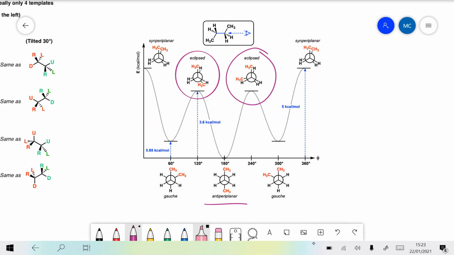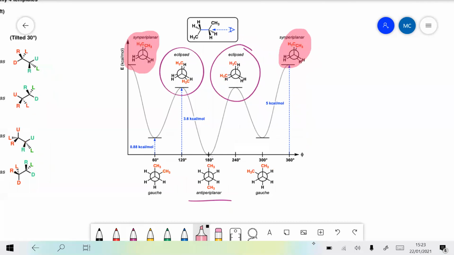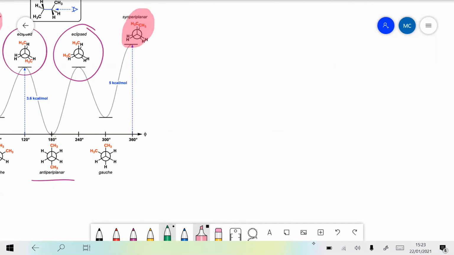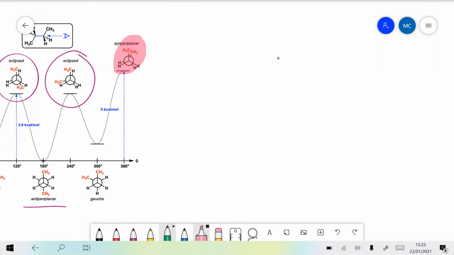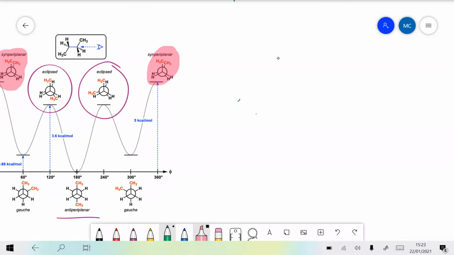So you have done a full 360 degrees, and you end up starting and ending in the same position. What I would like you to do is to try and draw the conformations, or the energy diagram, for this molecule here.